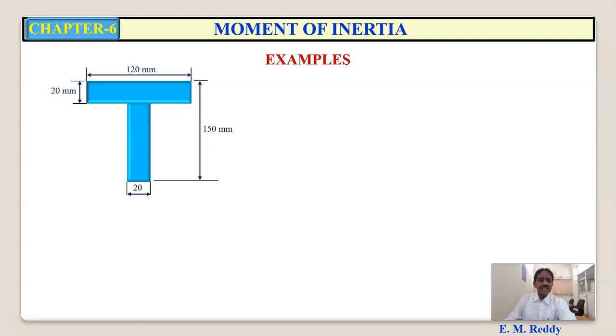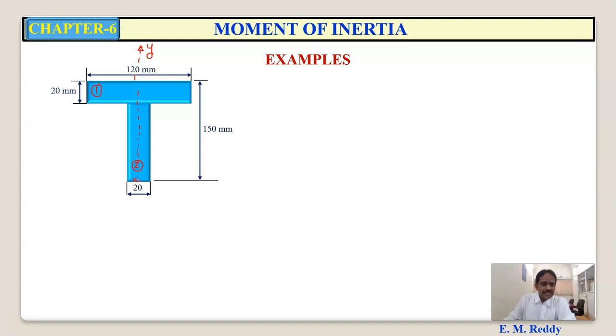To locate the centroid of this figure, I am dividing this figure into two rectangles, the upper rectangle 1 and the lower rectangle 2. This figure is symmetrical about the vertical axis, so I am considering that symmetrical axis itself as y.